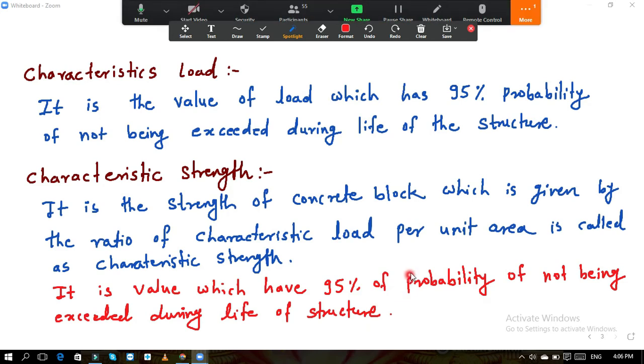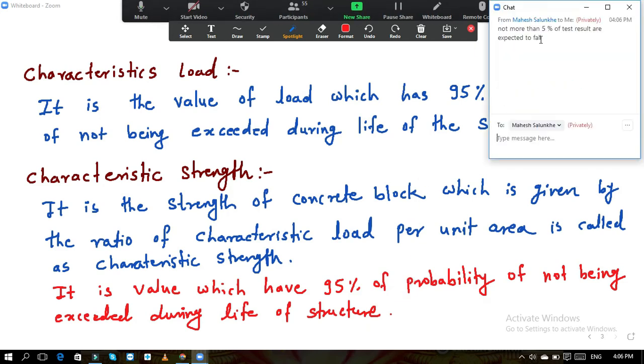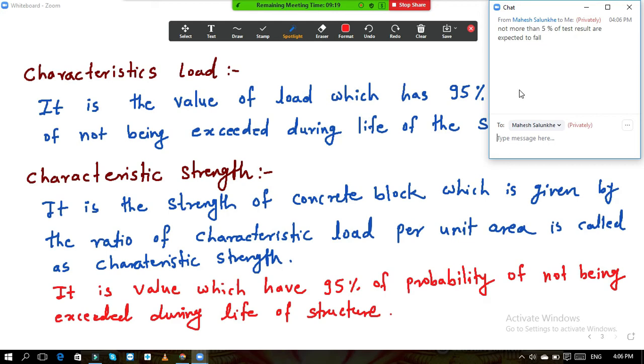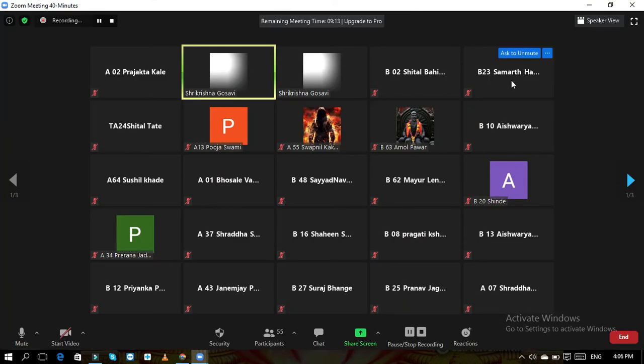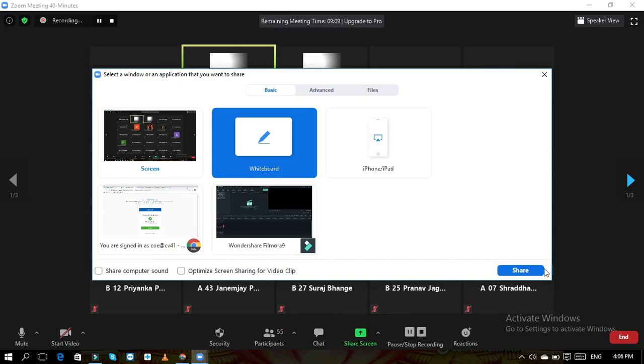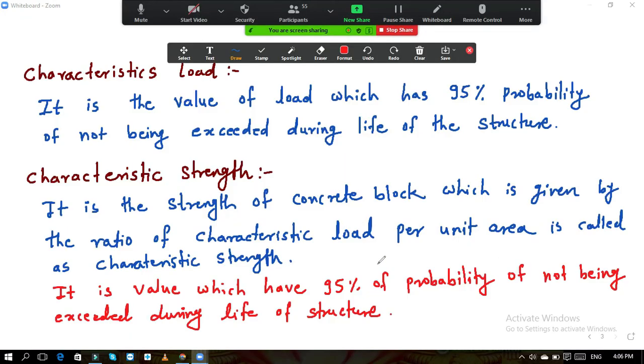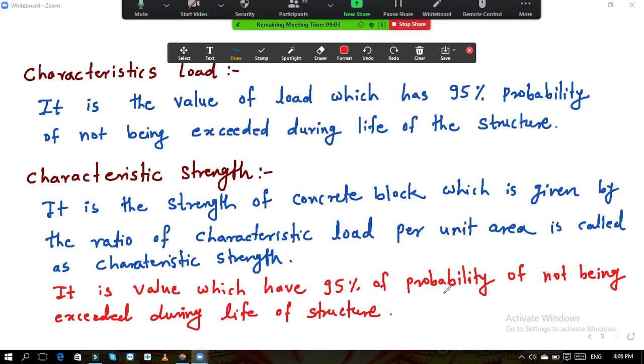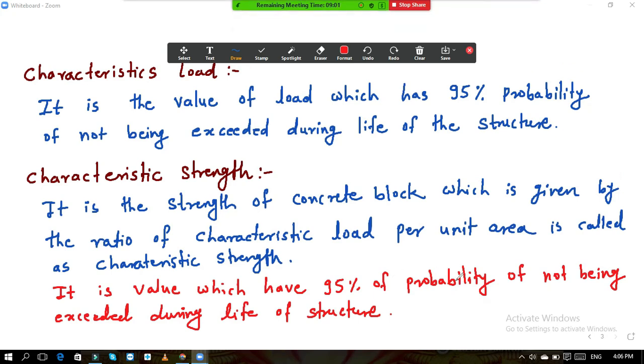So for M20 grade of concrete, it is the value which is having 95% of probability.